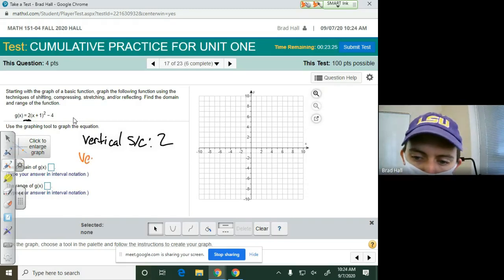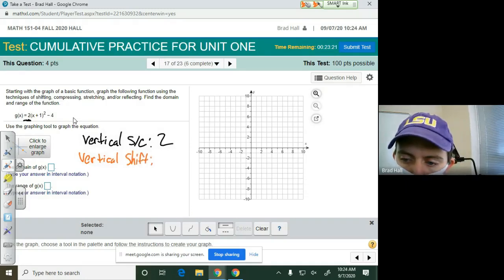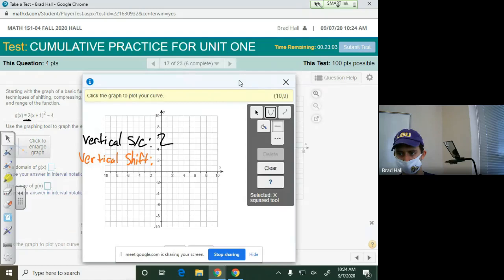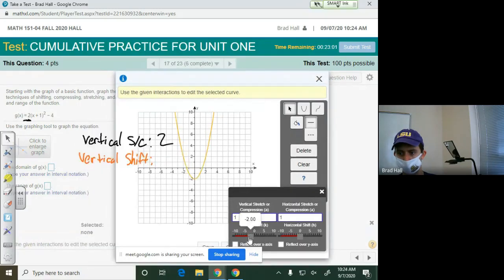There's also vertical shifting. The vertical shift, if you forget which one vertical shift is, if it's up, down, or left, right, if you move the slider on the interactive thing, you will find out very quickly that it's up or down. So that's a good way to remember.